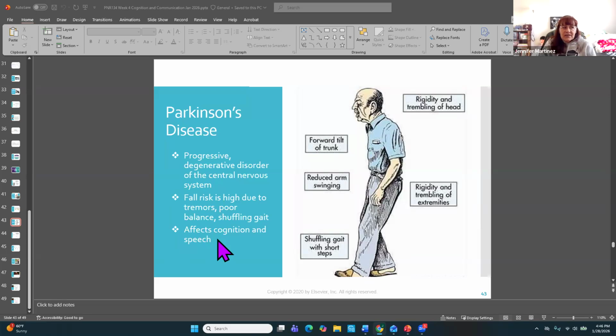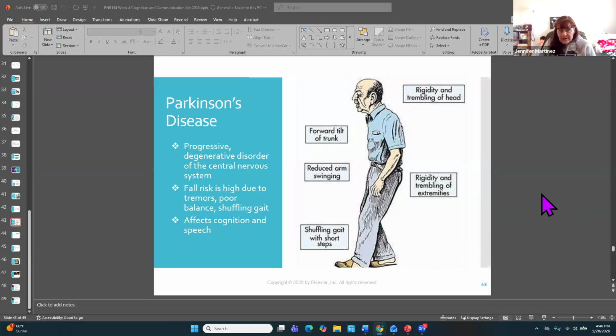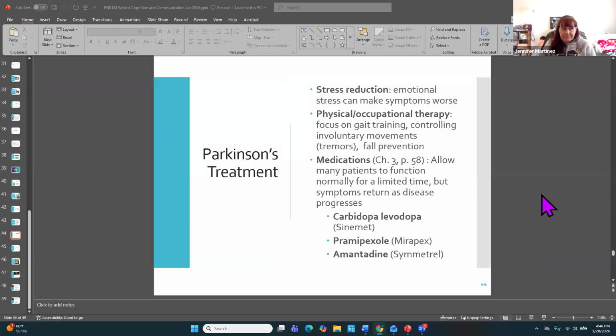It also affects cognition and speech. They'll usually have some sort of dysphagia, so difficulty swallowing as well. Drooling is very common in patients with Parkinson's. It's an imbalance of acetylcholine and dopamine in the body. Some of the treatments we use include stress reduction and PT/OT.